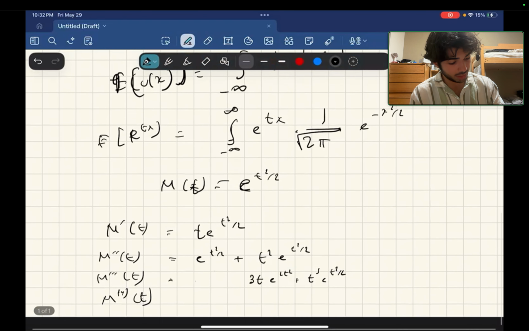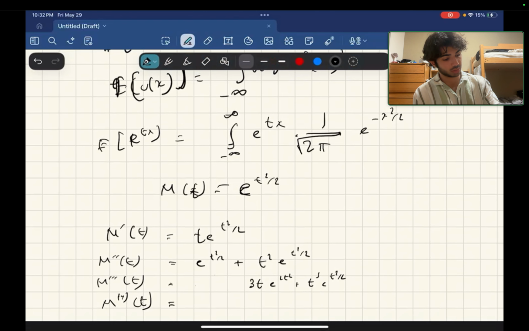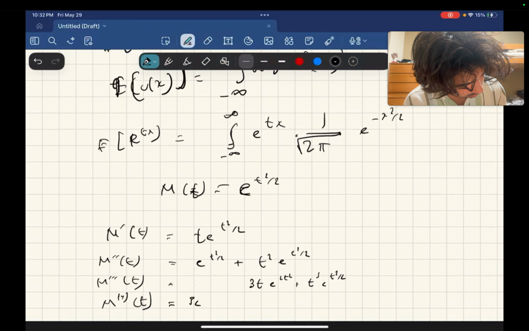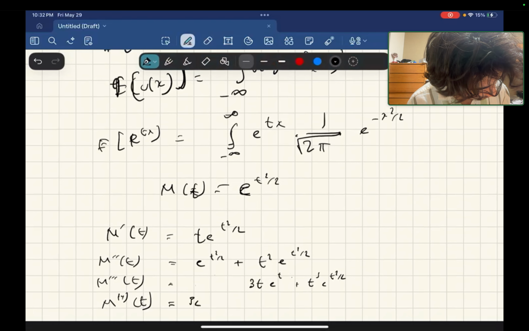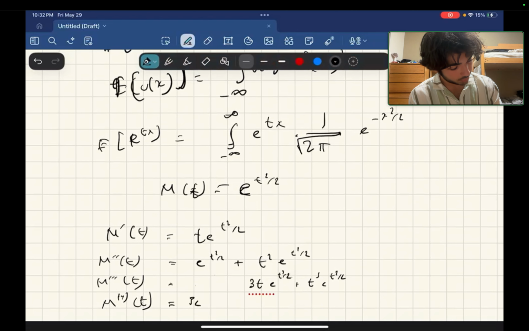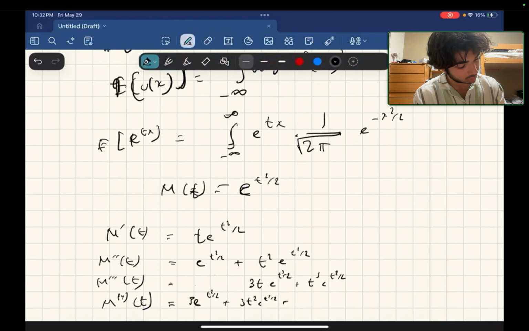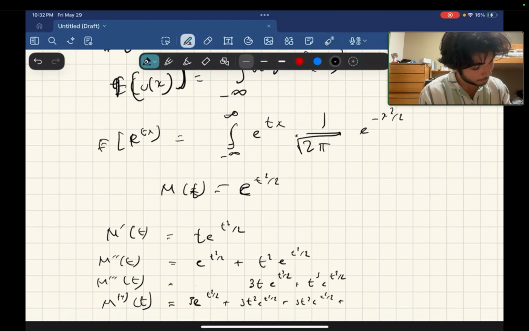Yeah, okay. And the fourth derivative is going to be 3 e to the t squared over 2 plus 3t squared e to the t squared over 2 plus 3t squared e to the t squared over 2 plus t to the power of 4 times e to the t squared over 2.